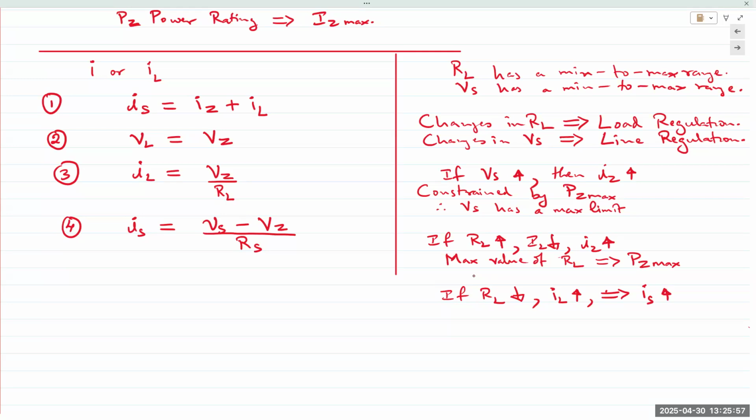VL might be less than the turn-on voltage VZ. In that case, the Zener diode is not in the picture at all. So if RL decreases below a certain limit, VL, the voltage across that load resistor, may be less than VZ, and the Zener may not turn on.